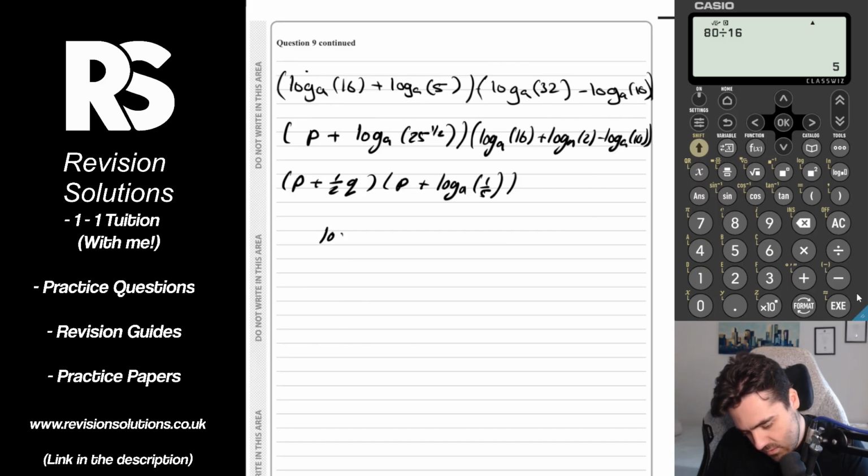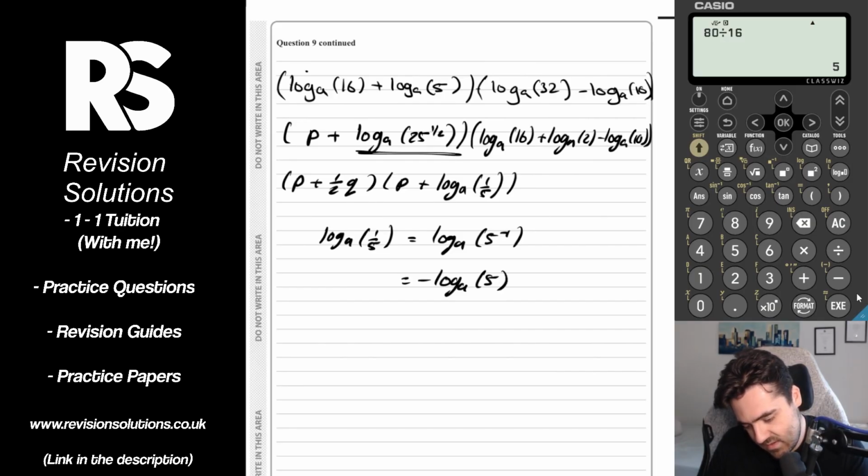So log base A of a fifth is log base A of 5 to the minus 1, which is minus log base A of 5, which again is this same thing we had here. So it's the exact same thing.